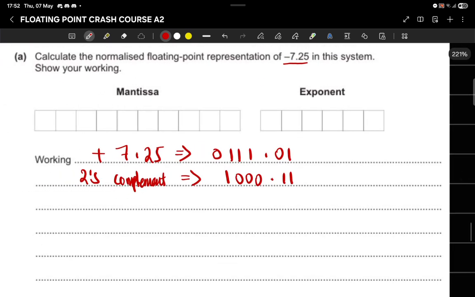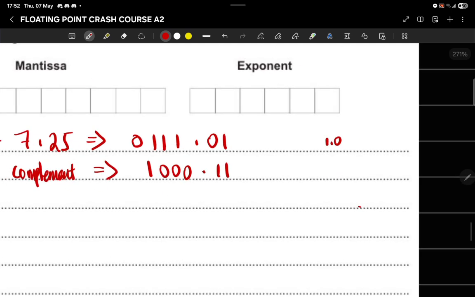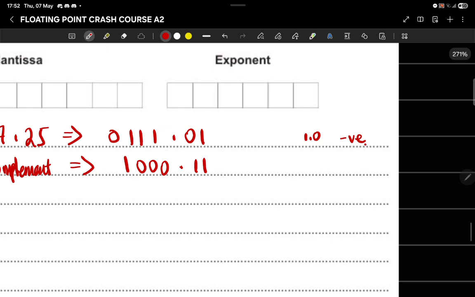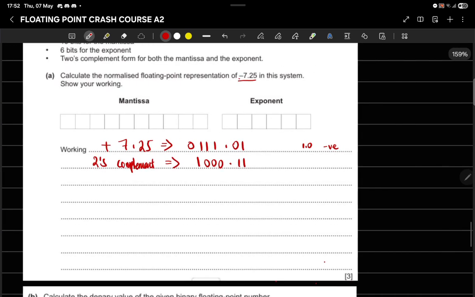Now we shift the point until our number starts with 1.0 because it's a negative number. So we have to move the point 1, 2, 3 places to the right.